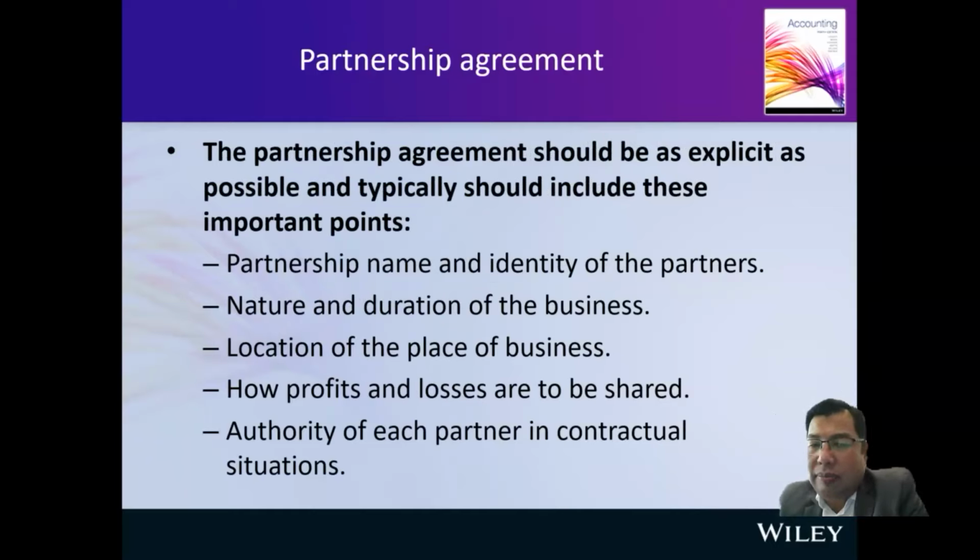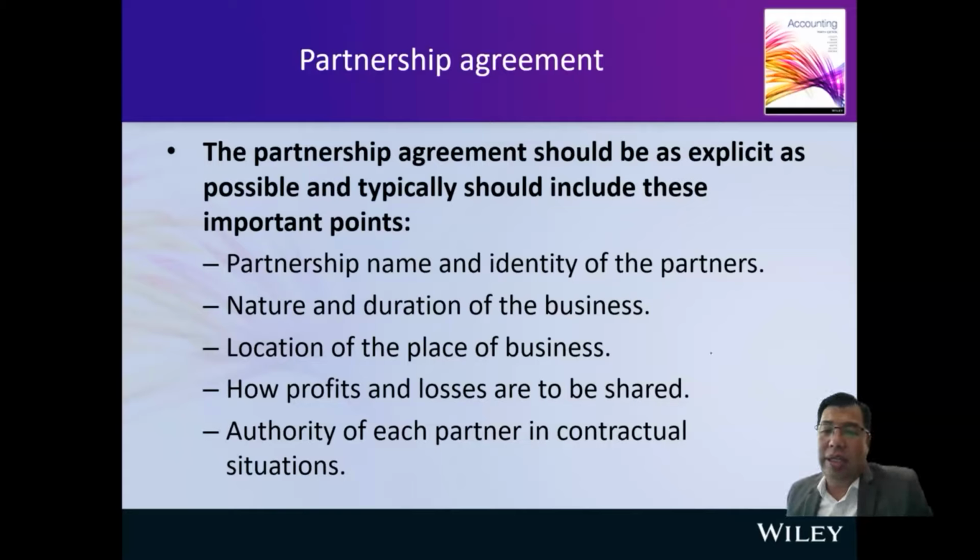Number one is the partnership name, identify the partners, the nature of the business. For example, you're going to set up an IT business at Dubai Mall. Location of the place of business, where is the premise? How profit and losses are to be shared. Are you going to share it equally?